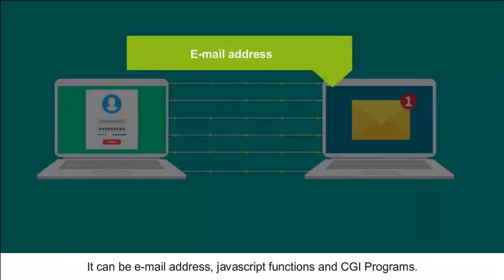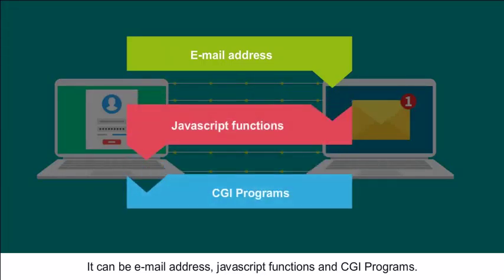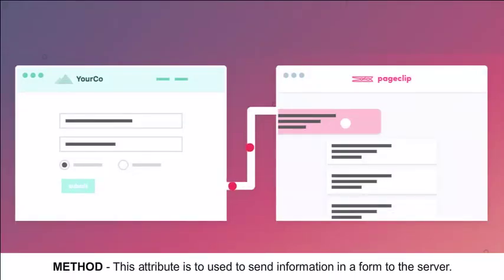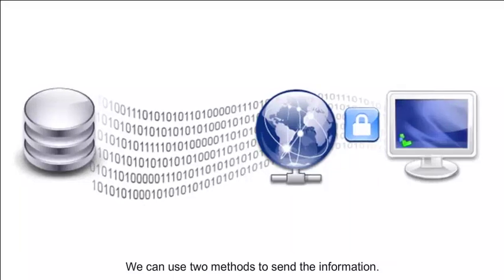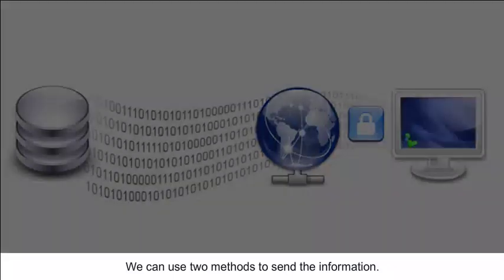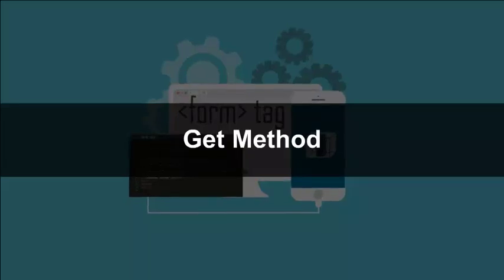It can be an email address, JavaScript functions, and CGI programs. 2. Method. This attribute is used to send information in a form to the server. We can use two methods to send the information: get and post method.